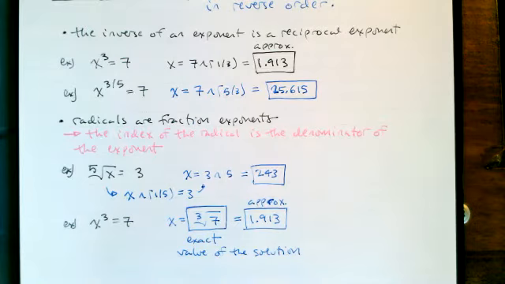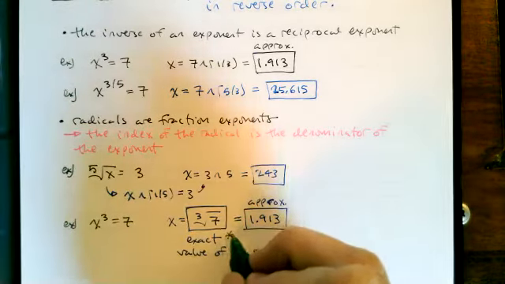So if we want to express the exact solution to x cubed equals 7, we often would write this with a radical. Usually we'll write our exact values with radicals. It's perfectly acceptable to say the exact value solution is 7 to the 1/3 power. But it's more common to write it in radical form. So usually we will use radical form for exact values.